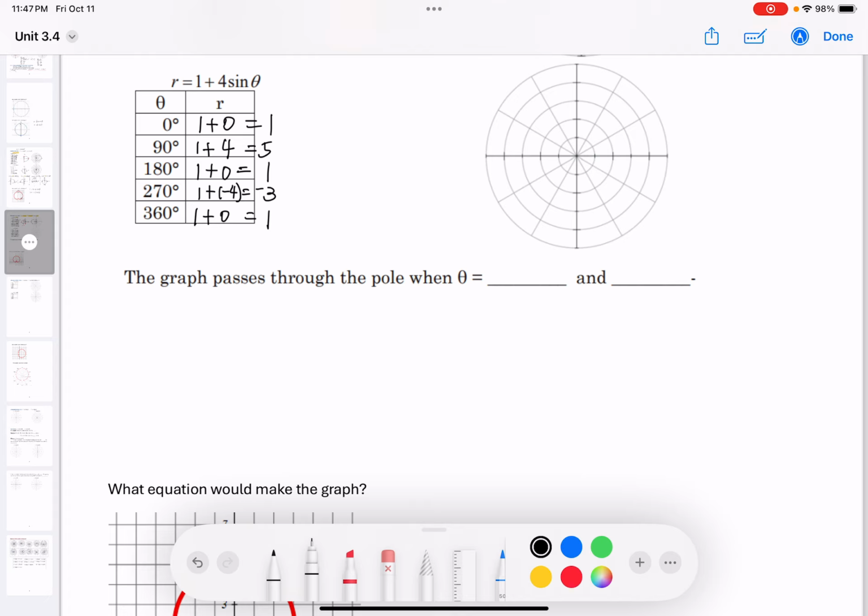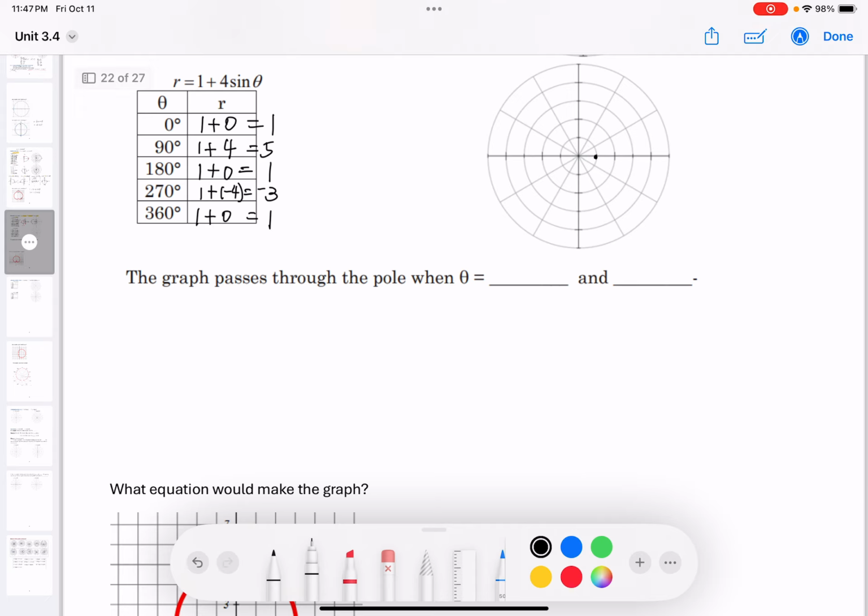Let's plot r comma theta. So 0 degrees, 1 is the point here. Second key point is 90 degrees, 5: 1, 2, 3, 4, 5, is here. And 180, 1, and 270, negative 3 is the point here.